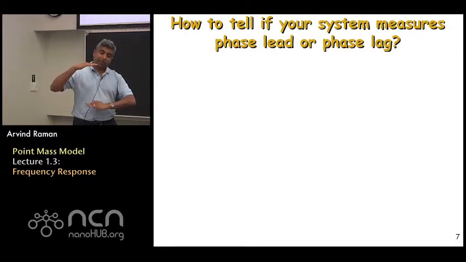So if your system is giving you an answer in millivolts, you can take the range that you see in millivolts and equate it to 180 degrees as you go across the resonance, and use that to convert the measured millivolts in phase into degrees.